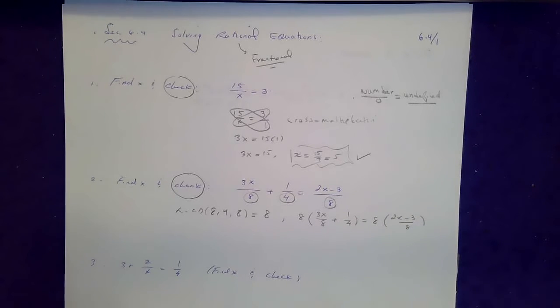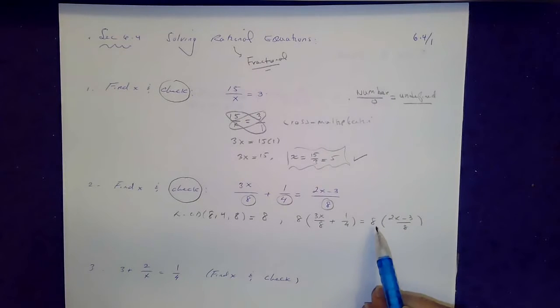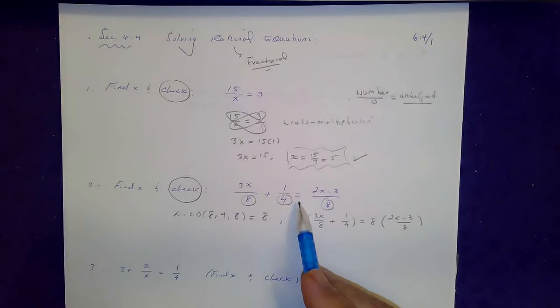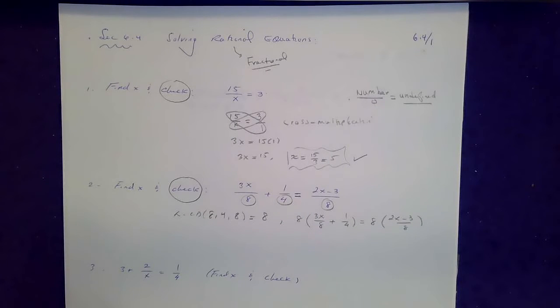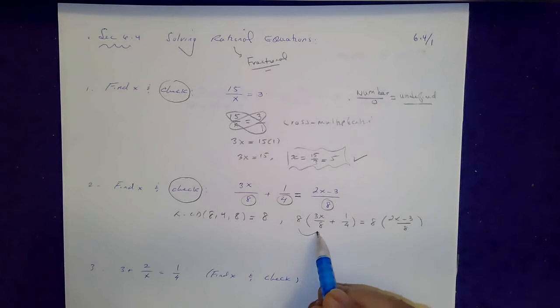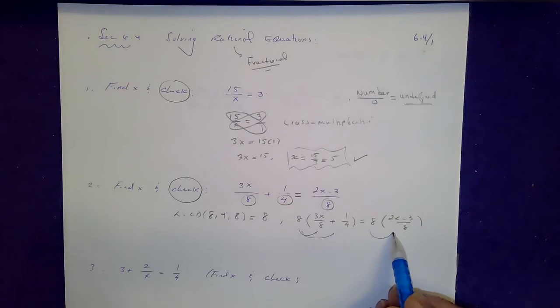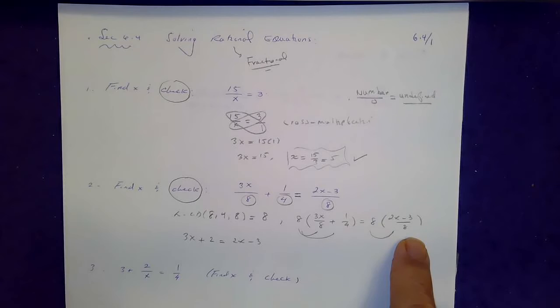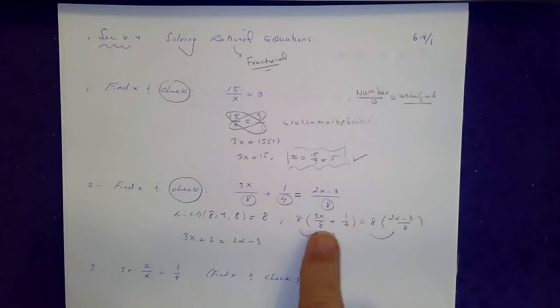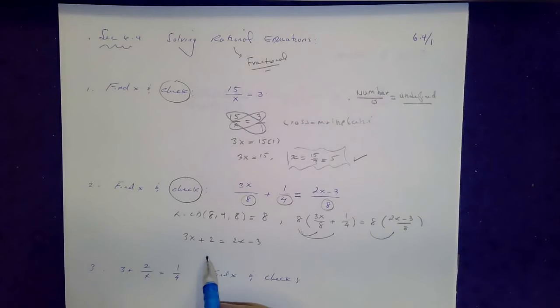Remember, we can only clean up the fractions if we're dealing with what? Equations. You've got to have an equal sign to clean up the fractions. Next, distribute the 8 to remove the parentheses. So you would get 3x plus 2 is equal to 2x minus 3. Remember here 8's cancel, here 8's cancel, but here 4 goes into 8 twice. So this is the same as x is equal to negative 5.